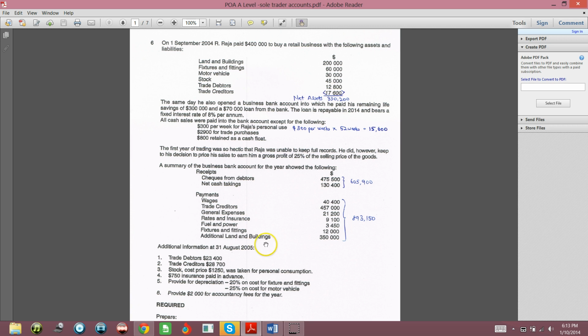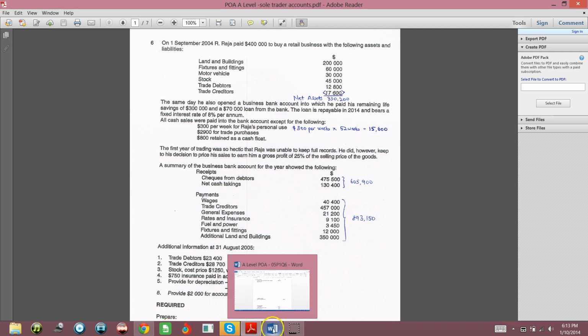Okay, what other things did he withdraw for his own use? Over here, this is the business bank account. Did he take some for his own use over here? No, he didn't. So additional information here: stock cost price 1250 was taken for personal consumption. This also indirectly means he has taken 1250 by way of stock for his own use.